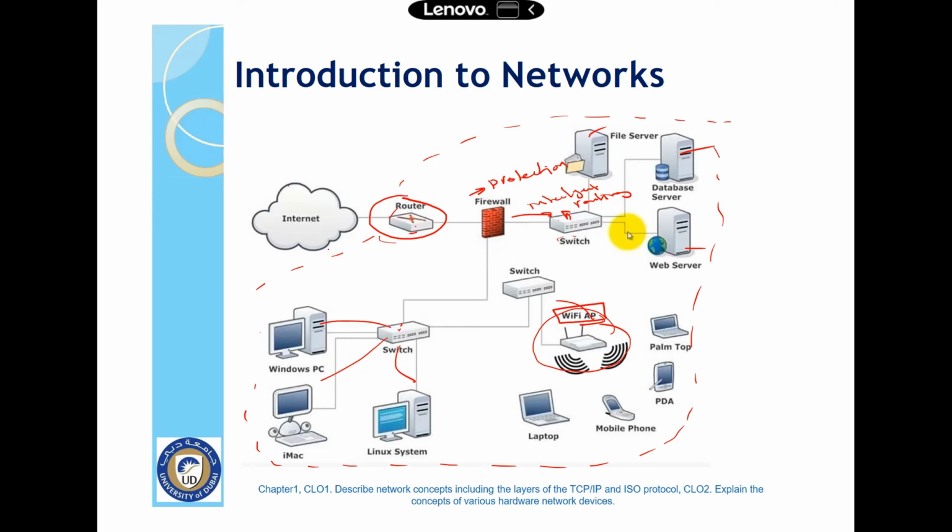So this is an example of how a network looks like. Pretty much like here in the University of Dubai, we have the same thing. We have servers for our files, our folders, our contents. We have a switch that connects to the PCs through cables. And we have the access point that connects to the Wi-Fi devices, a personal digital assistant, PDA, a laptop, a phone, and so on.